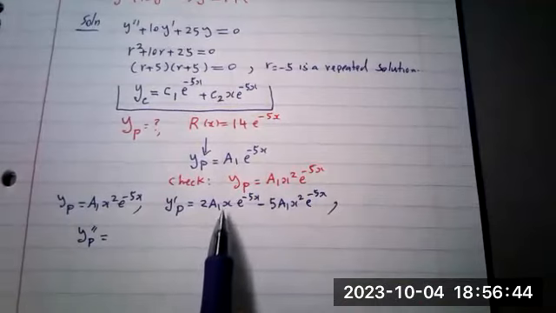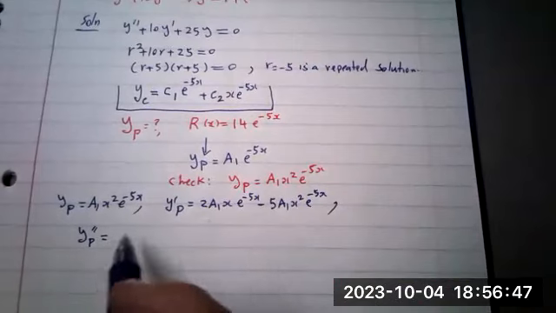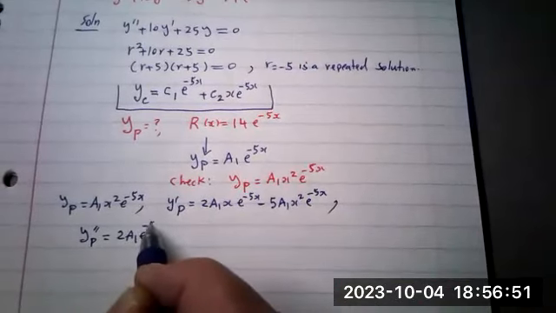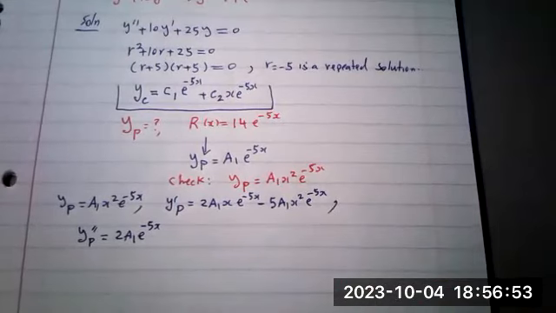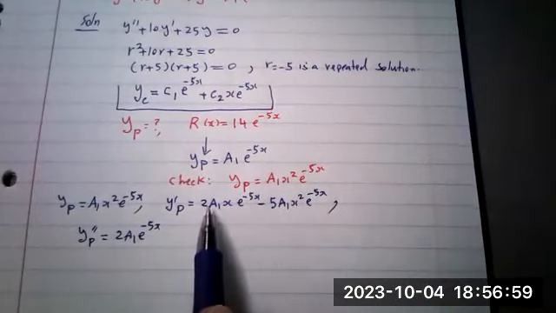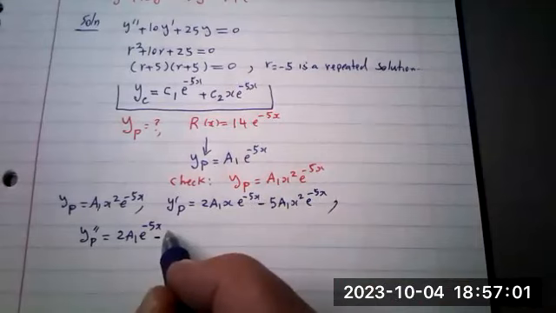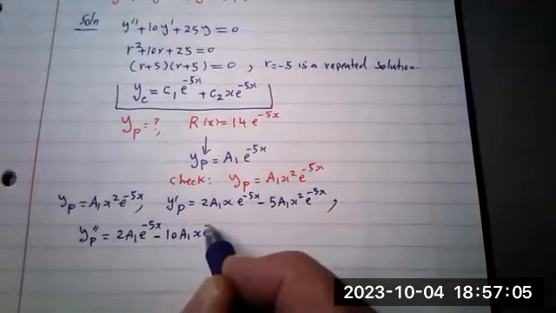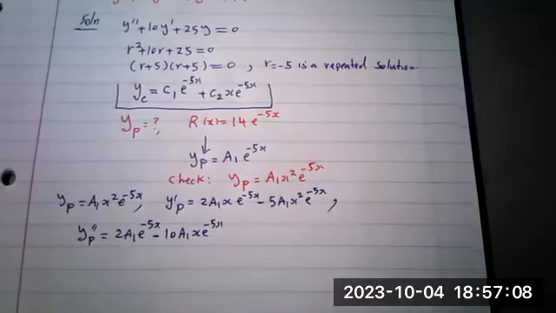The first one, derivative of the first times second: the derivative of x is 1, so 2a1 e to the negative 5x. Derivative of the second, e to the negative 5x, you get negative 5 times 2, that's minus 10 a1 x e to the negative 5x.